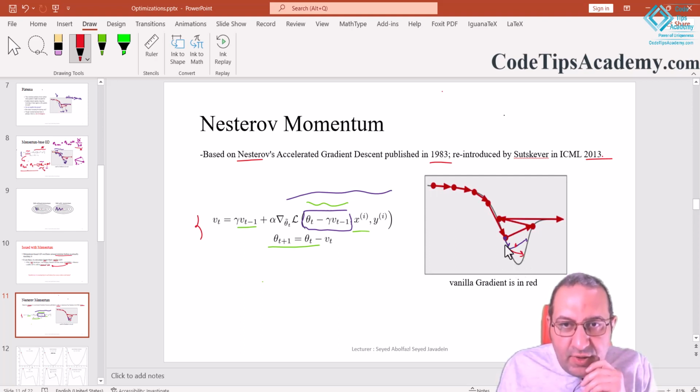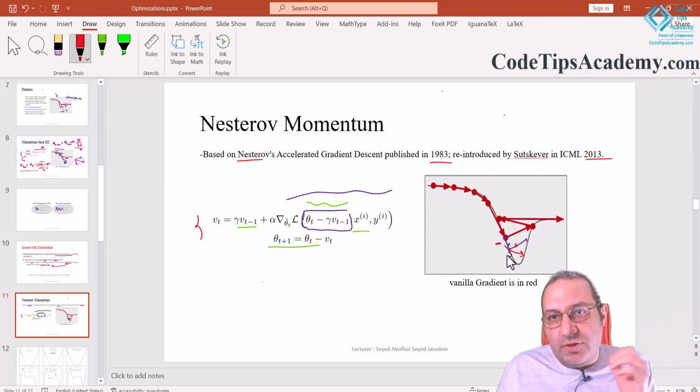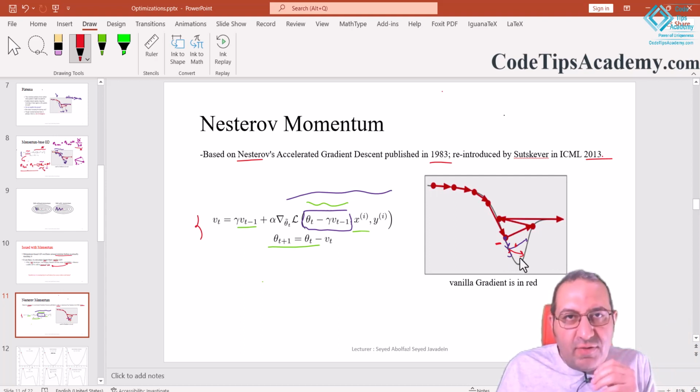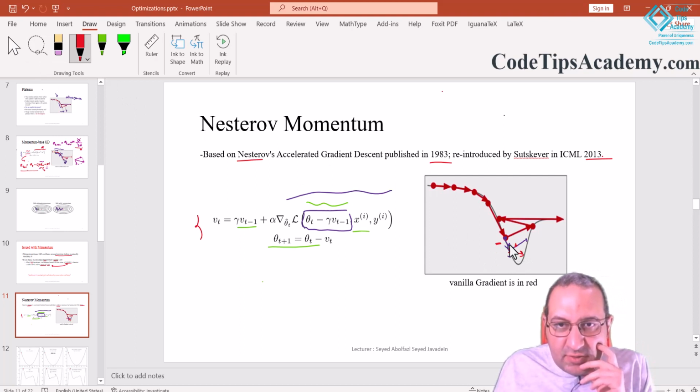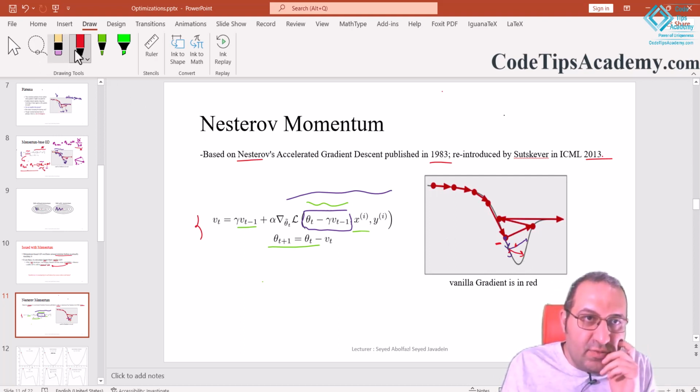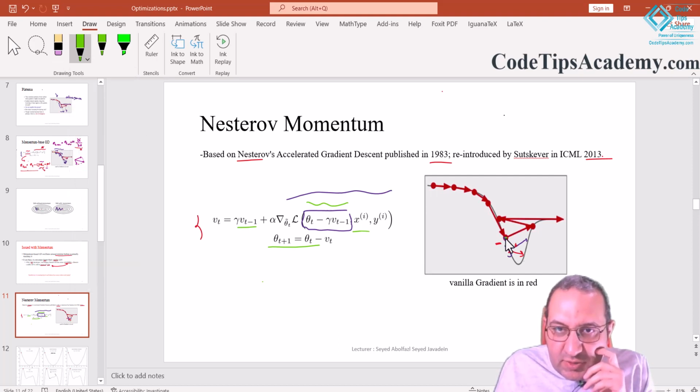You can see here that going one step forward and then using the sum of the gradient and the speed function means that we can have less oscillation, because instead of oscillating from this point, we're oscillating from this point.